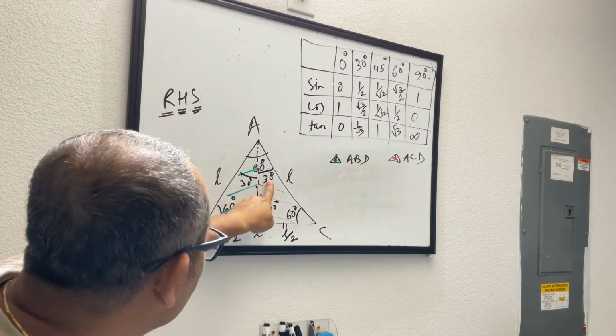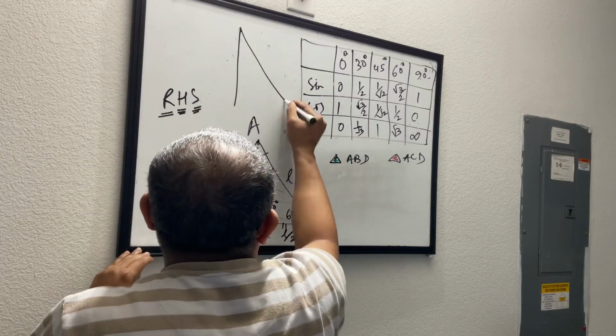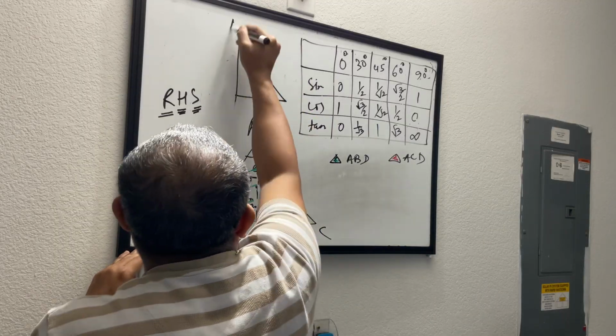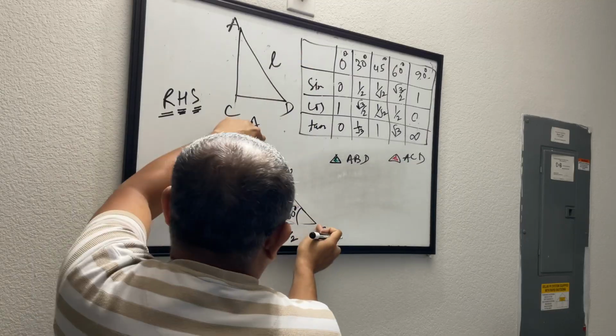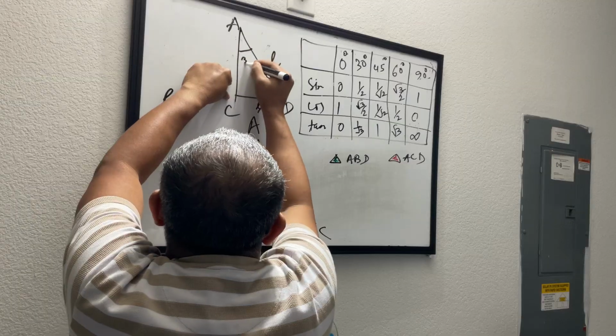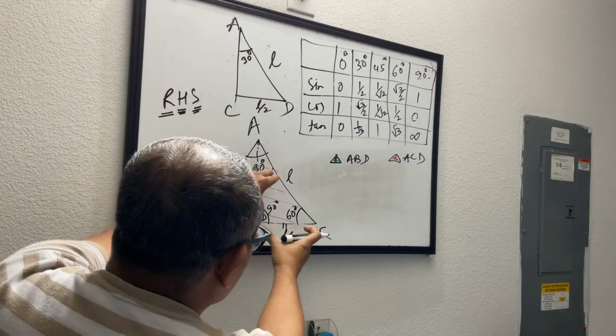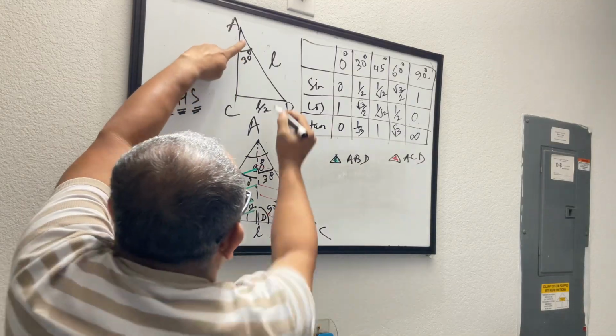Now let's find out what is the value of sine 30 degree. Let's take a snapshot of this triangle ACD. This is length L and this became half of the length, L by 2, and this is 30 degree. I've just cut this piece out and put it here. Now this is 30 degree and this is 60 degree.